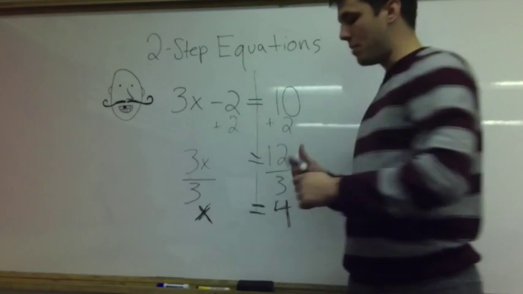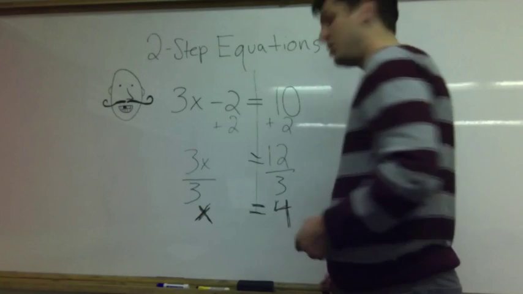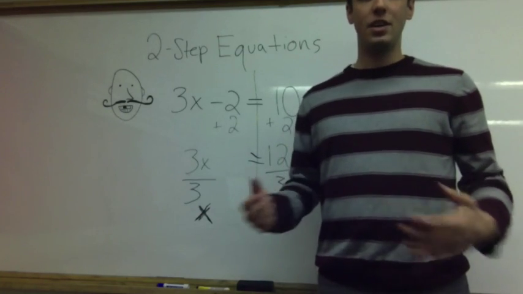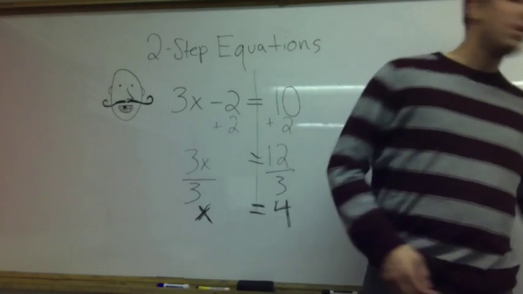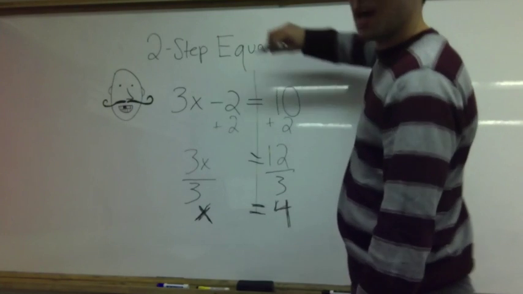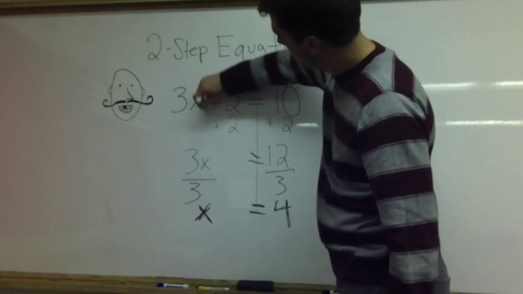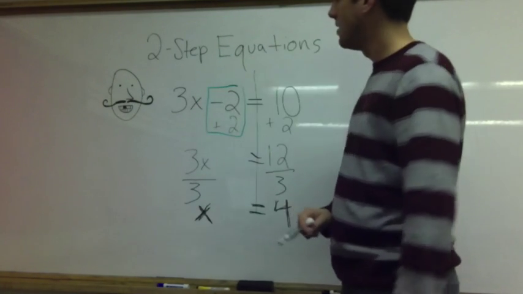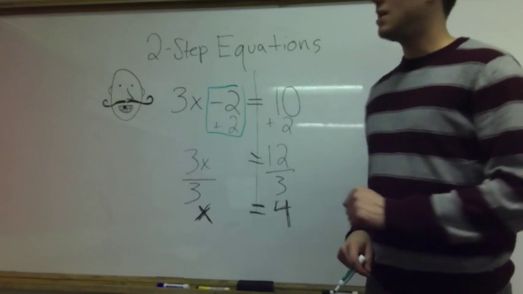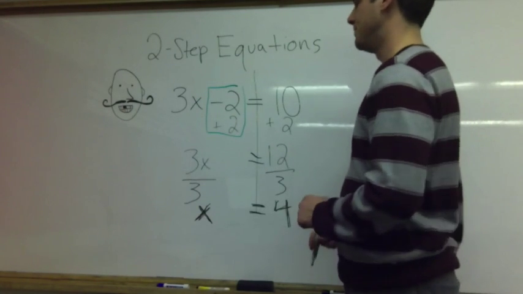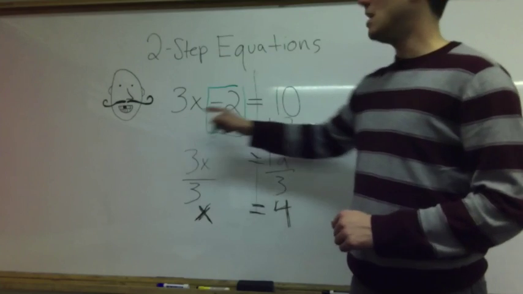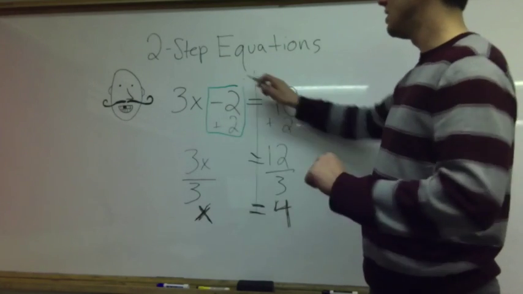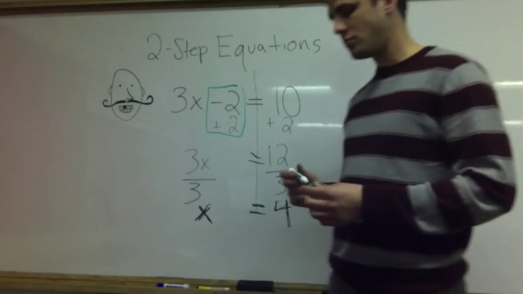So when taking numbers away, you are doing the opposite of the order of operations. In other words, the first step of taking away would be the second step in the order of operations. So x times 3 minus 2 is the second thing, so that's the first thing you take away.